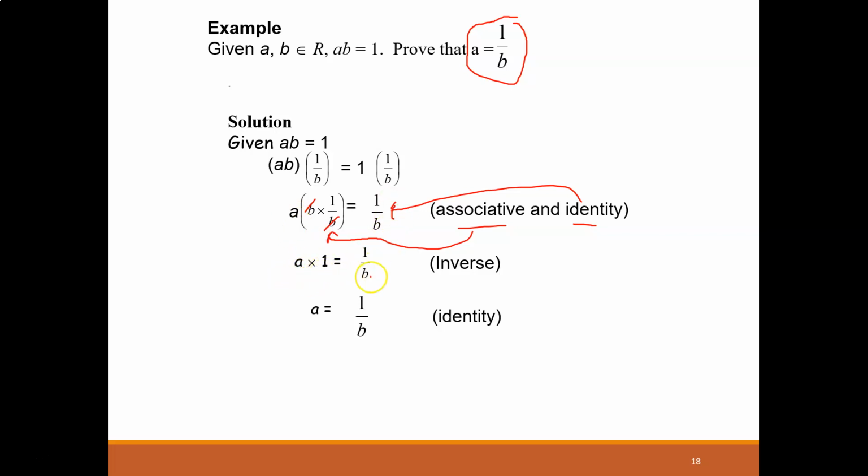And then this one, 1 over B, so this one becomes inverse. Anything yang you darab semula dengan 1 over, it is inverse, kan? And then A times 1, you get A itself. So that one is identity. So that's it. You have proof that A equal to 1 over B.